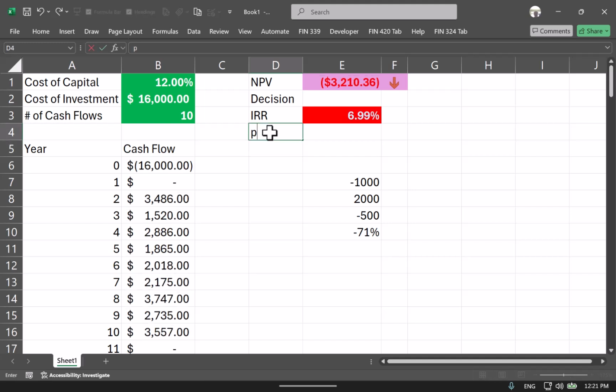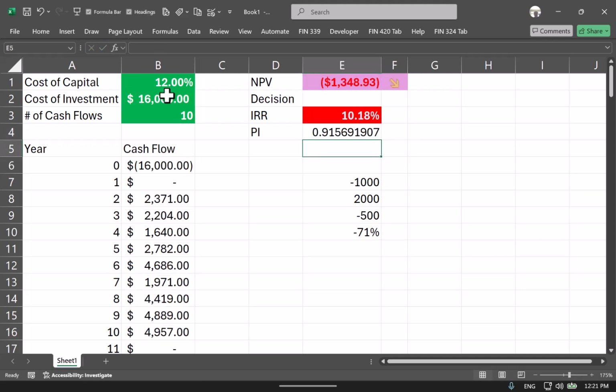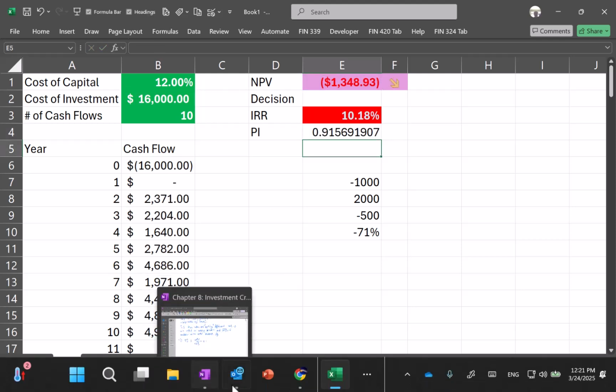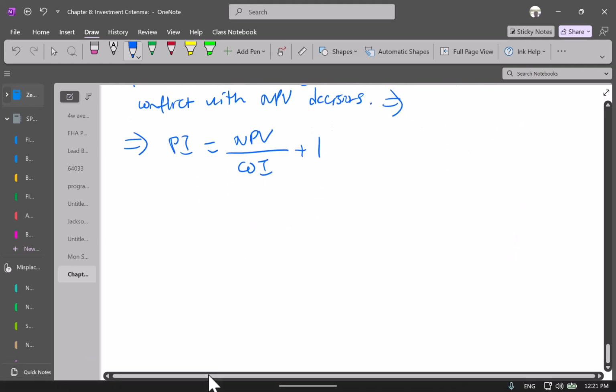PI. Take the NPV, divide that by cost of investment, plus 1. PI is not affected by whether or not cash flows are conventional.